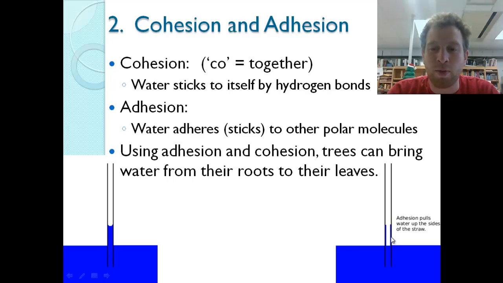Now water just doesn't move up the sides of the straw. Water is actually going to stick to itself and actually be pulled up within the straw with the other water molecules. So the rest of the water is pulled up because it's sticking together. It's sticking to other water molecules. So you can actually see some cohesion taking place over here. Okay. Trees also use this to bring water from the roots up through their trunks and then out through their leaves.